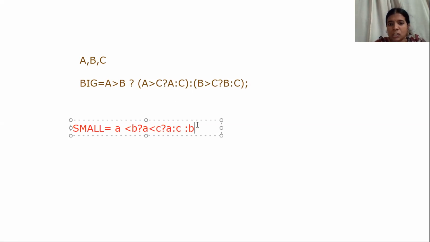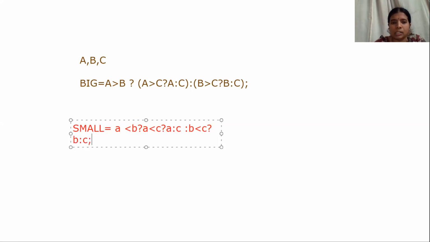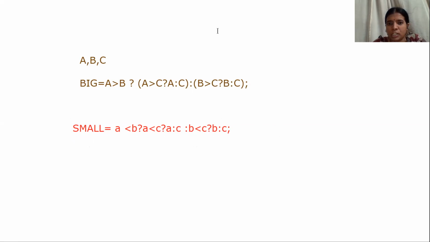But there is a chance that B can be smaller as well. When B is smaller, compare between B and C to determine whether B is smaller or C is smaller. So therefore, using these two small logics, we can determine very easily which is the largest and which is the smallest number among three numbers A, B, and C.